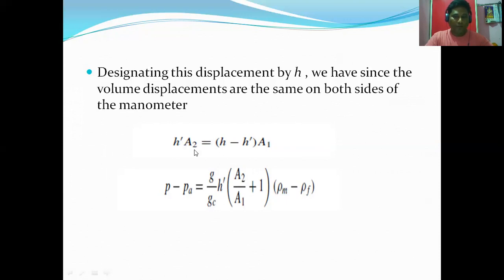So we have applied A1, A2 and h dash to P minus PA.